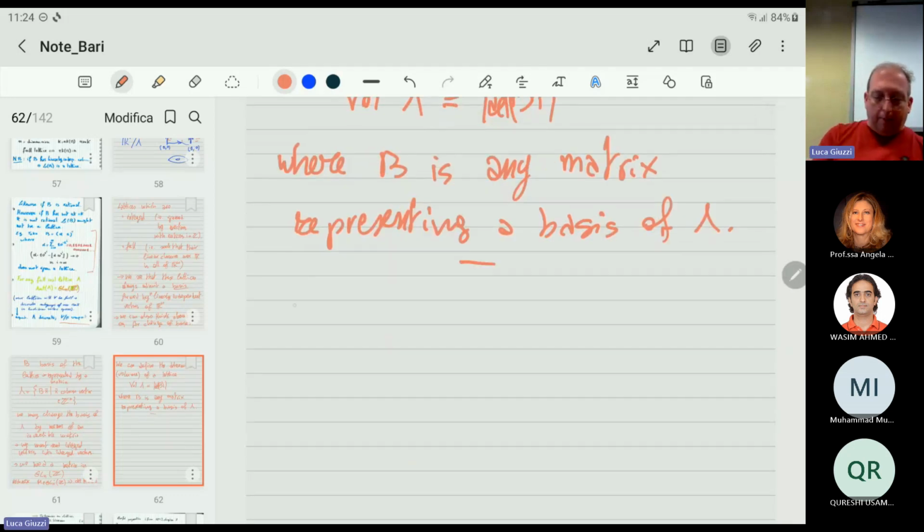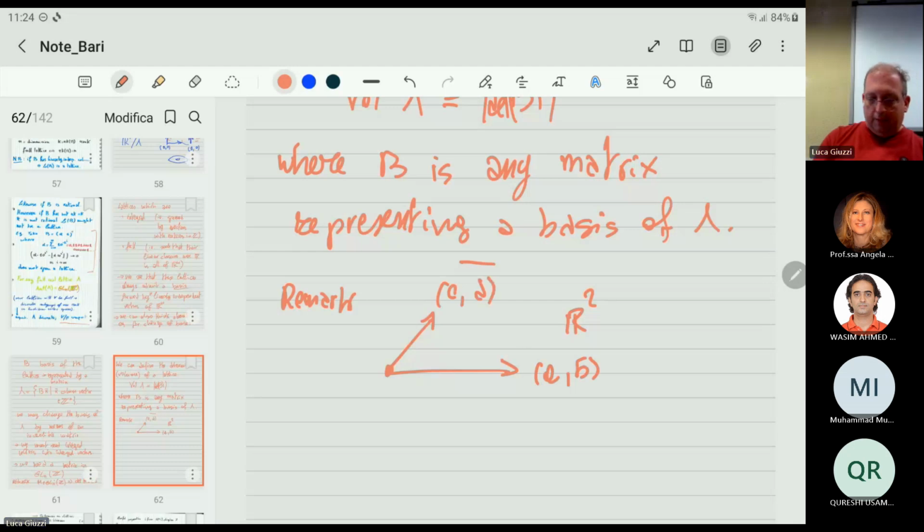Even here, a remark on the word volume. Think about two vectors like this in R2, but in R3 it's the same. Let's say this is the vector AB, and this is the vector CD. Those are the coordinates of our points.